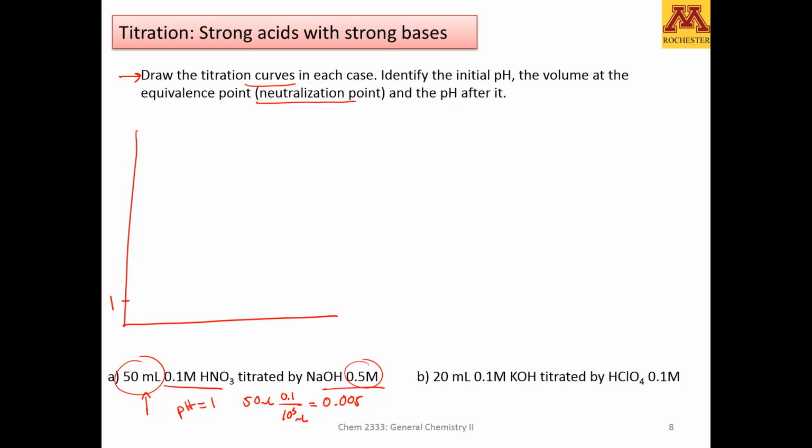If you want to know how many milliliters it takes to have this many moles of hydroxide, notice, I apologize, this is moles, so 0.5 moles in 10 to the 3 milliliters will give you 10 milliliters of sodium hydroxide, 0.5 molar, containing the same number of moles as the hydronium in 50 milliliters.